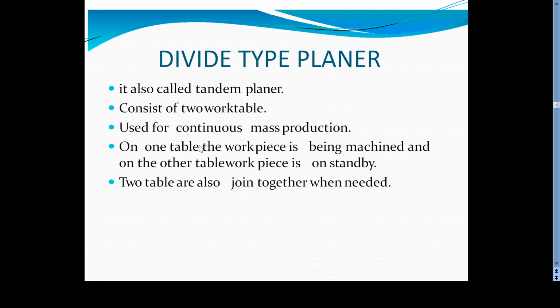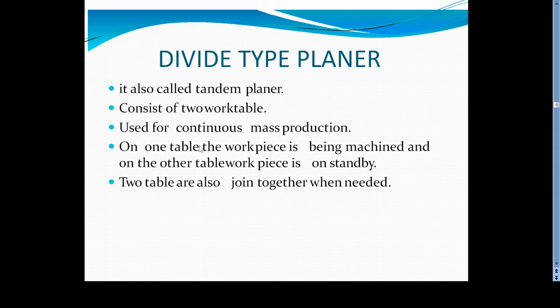Divide type planer, that is two-bedded. It is also called a tandem planer. It consists of two work tables used for continuous mass production. That means when the machining is taking place on one bed, you can hold the work, you can have some operations, or you can do the settings on the second table.